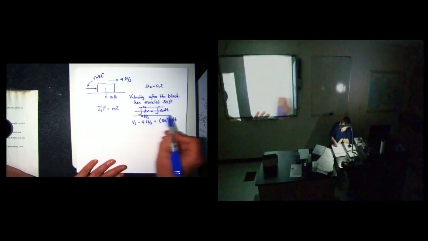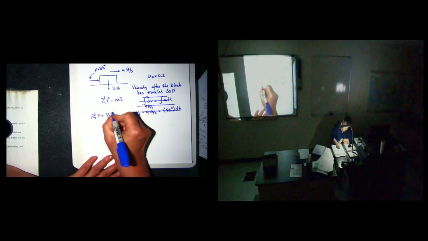Now I'm going to come in, 4 feet per second to my final velocity, dv, is equal to that acceleration times time.